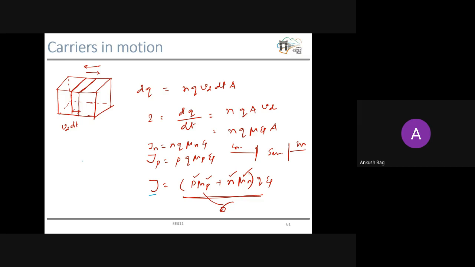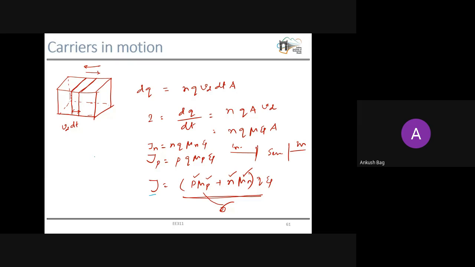Just like we calculated the carrier concentration in detail, which depends on your Fermi-Dirac distribution as well as the density of states, similarly we'll discuss the details of carrier transport.